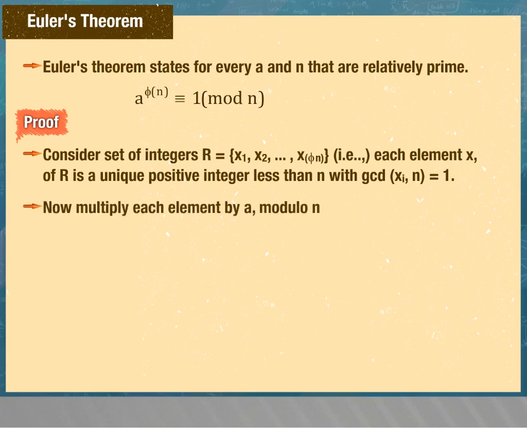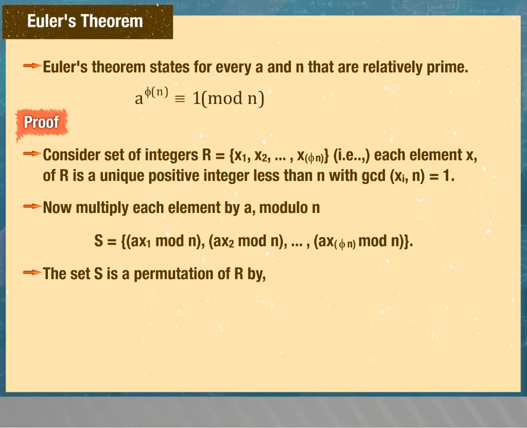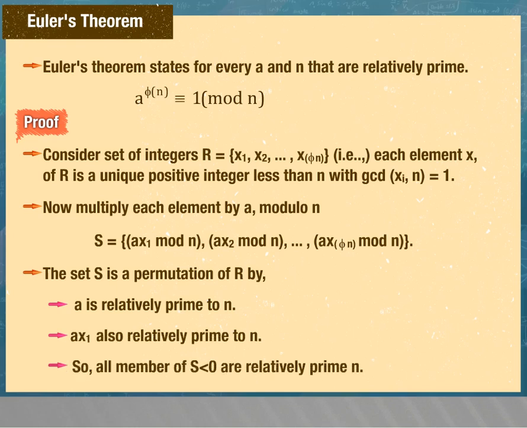Now multiply each element by a modulo n. S is equal to the set ax1 mod n, ax2 mod n and so on up to ax phi of n mod n. The set S is a permutation of R because a is relatively prime to n, so axi is also relatively prime to n. So all members of S are less than n and relatively prime to n.